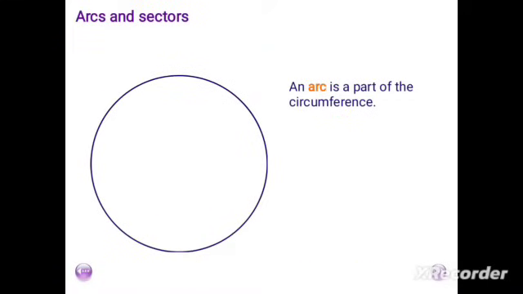Now let's move to arcs and sectors. An arc is a part of the circumference, and on our diagram, the orange part shows the arc of this circle. This is the minor arc.